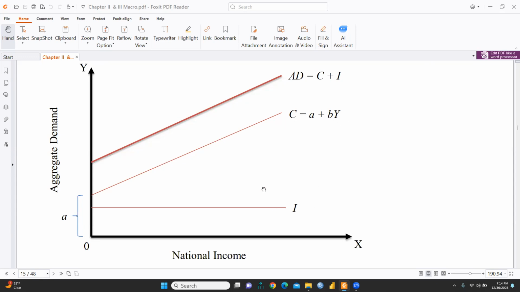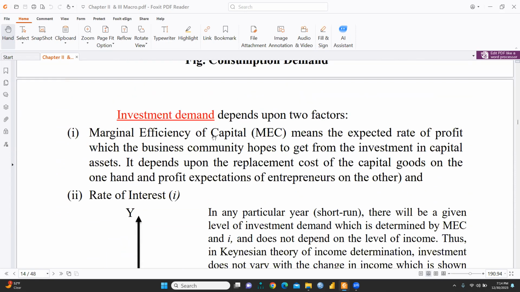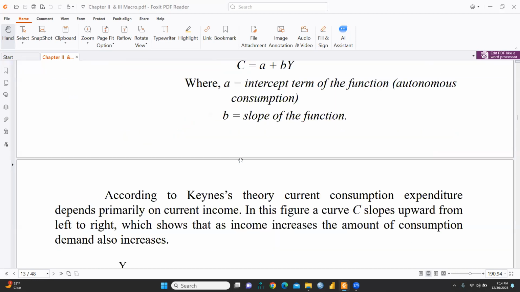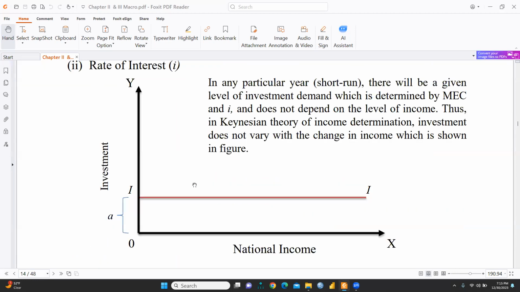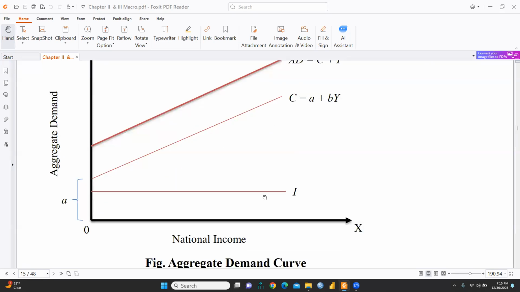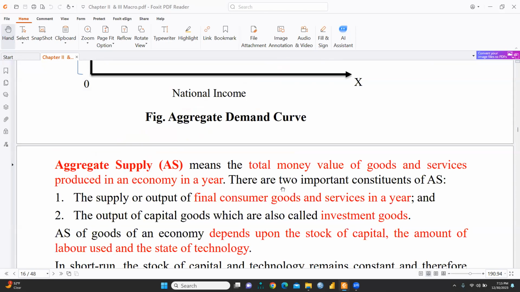I would repeat: I means investment demand and C means consumption demand. Both curves are reflected here, and then AD equals C plus I. This is the consumption demand curve, this is the investment demand curve, and this is the aggregate demand. So we can reflect aggregate demand with the help of this curve.